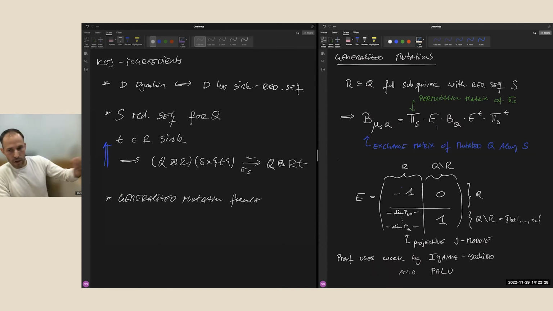Of course, we know if you mutate a reddening sequence, we have this -1 factor on R, and we don't do anything on Q without R. And then we have here some lower triangular part, which is the dimension vectors of the projective modules of the Jacobian algebra associated to the vertices which we do not mutate. And the proof of this uses work of Yamada, Yoshida, and Palu.